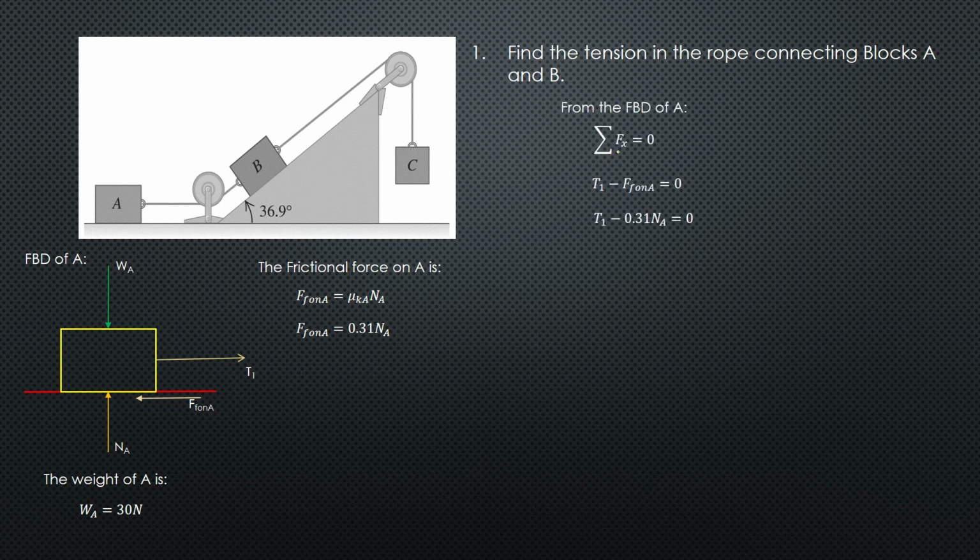Now from the FBD, the summation of forces along X equals 0. Why 0? In the previous example, we used summation of forces along X equal to MA, because we assumed that the crate was in motion. Now, we set it equal to 0 because we assume that these blocks are stationary, not moving.